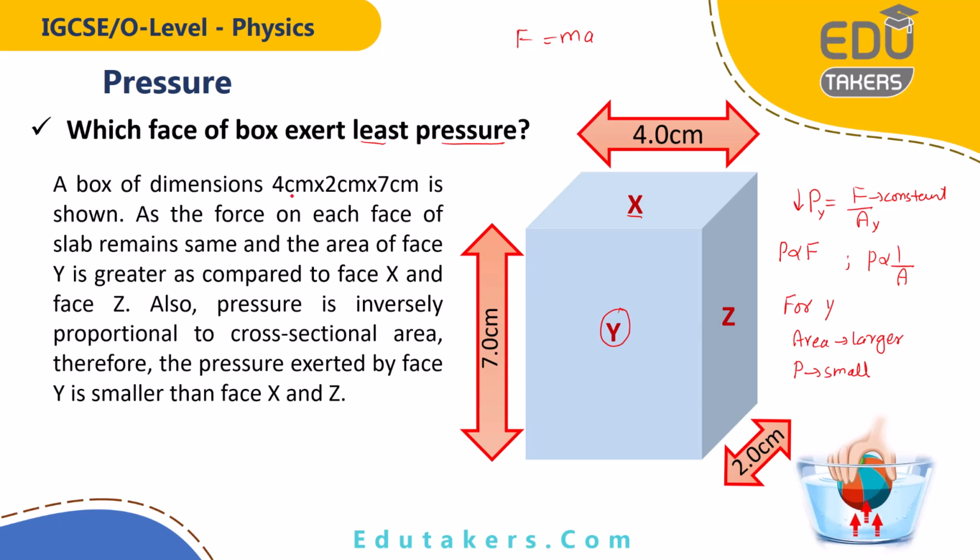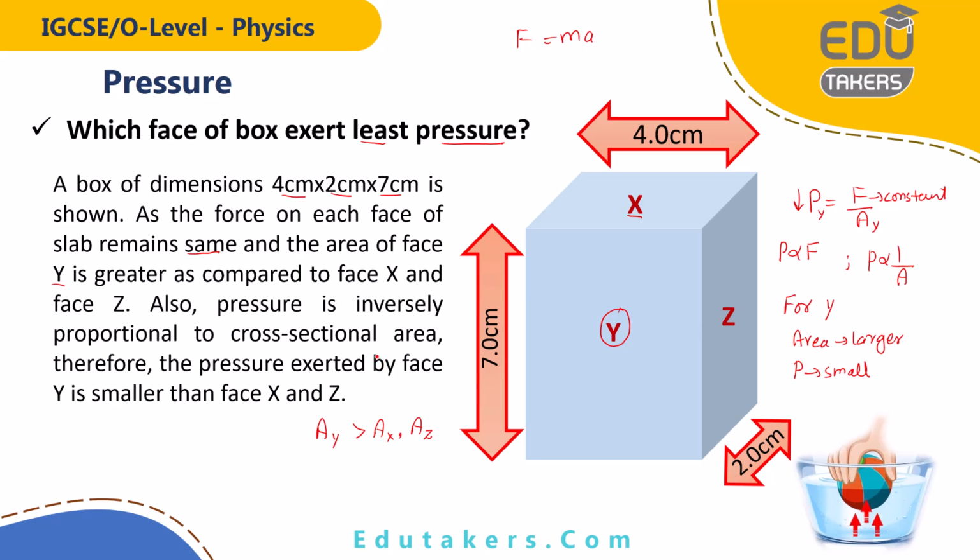A box of dimension 4 cm times 2 cm times 7 cm is shown. As the force on each face of the slab remains the same, there is no change in the force, and the area of the face Y is larger as compared to the face X and Z. So for the face Y, the area is larger as compared to the face X and face Z. Also, you know that pressure is inversely proportional to the cross-sectional area.